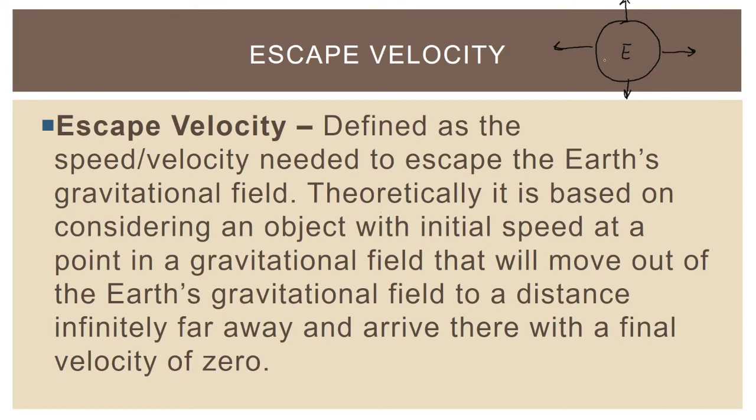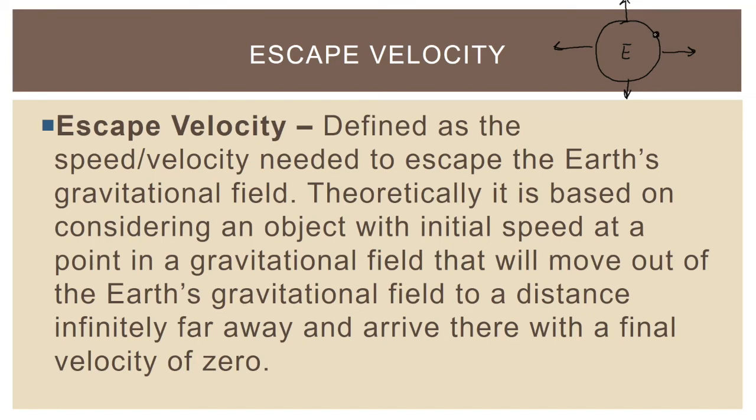And so it says here, theoretically, it's based on considering an object with an initial speed at a point in a gravitational field that will move out of the Earth's gravitational field to a distance infinitely far away and arrive there with a final velocity of 0. So the basic theoretical construct is the answer to the following question.